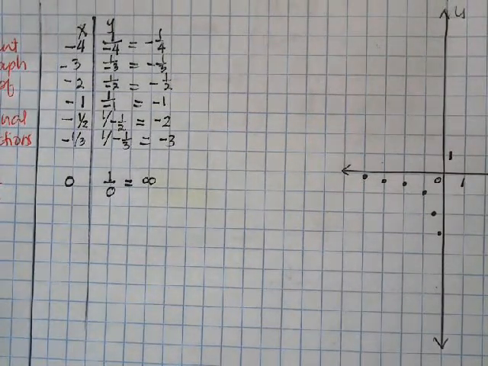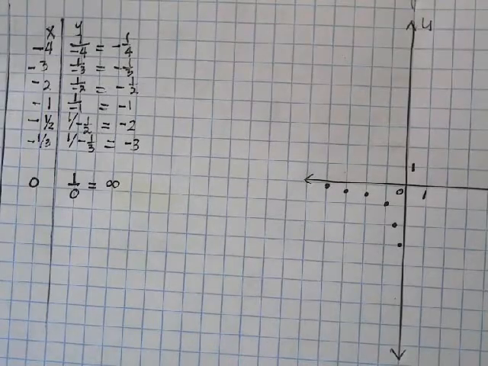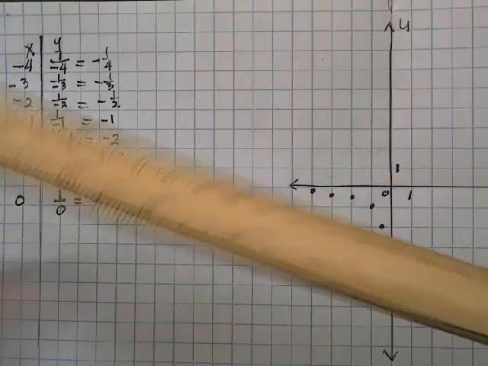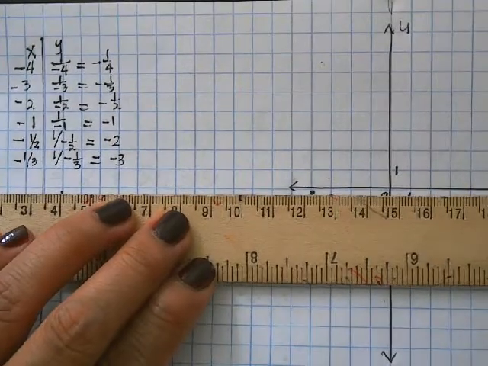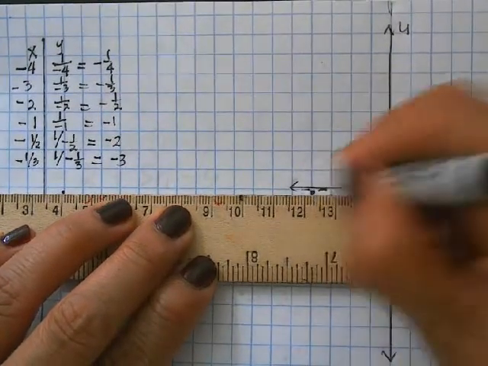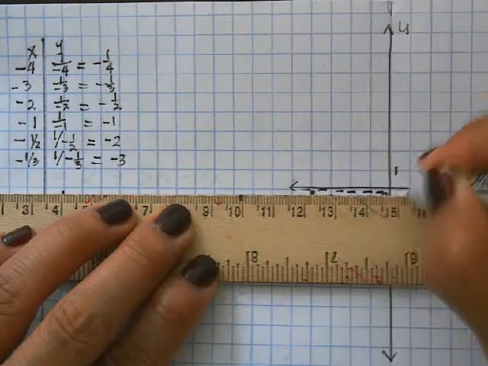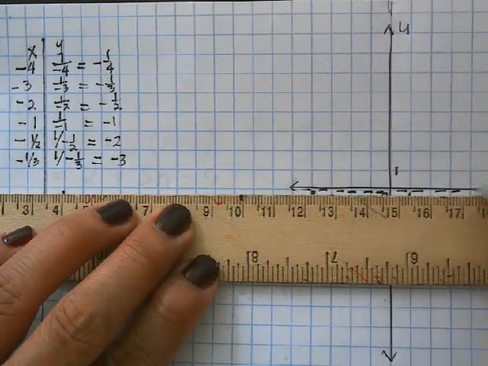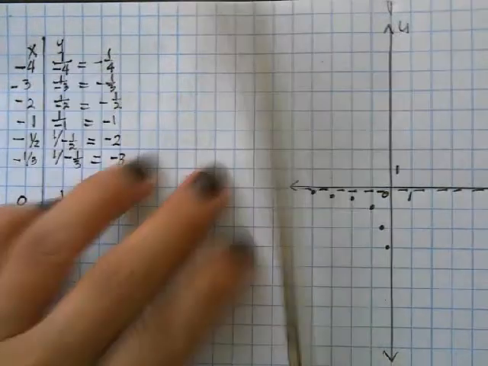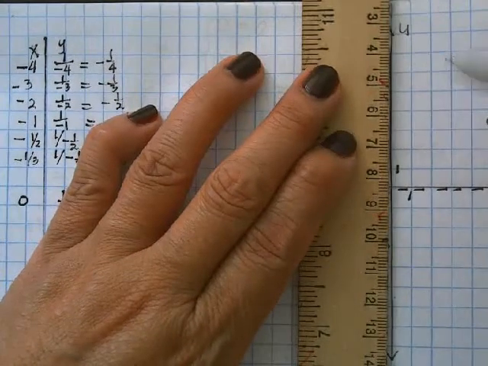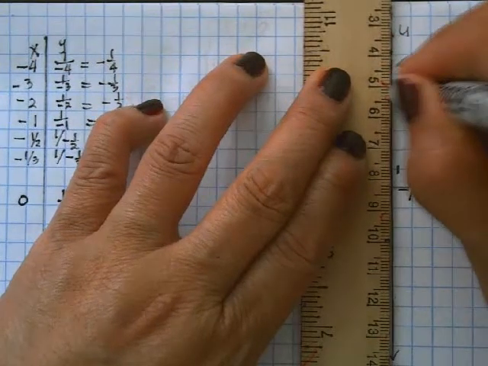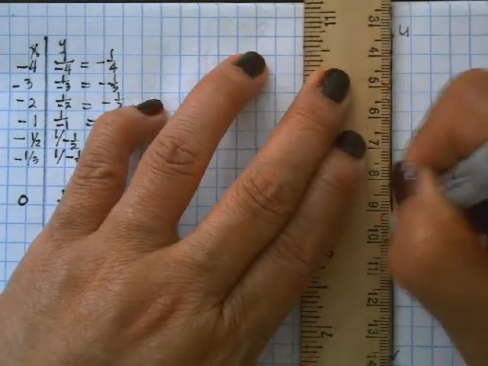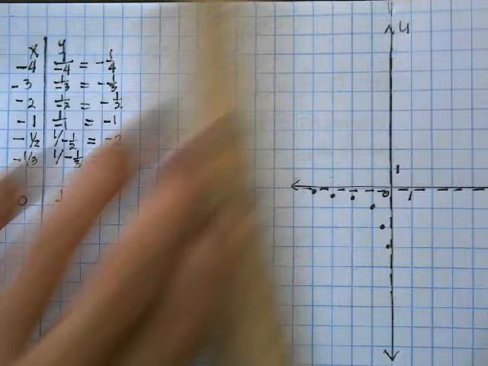So one important thing in rational functions is that it has a horizontal asymptote on y equals 0 because we are approaching that number. And it also has a vertical asymptote, this is x equals 0, the other one is y equals 0.